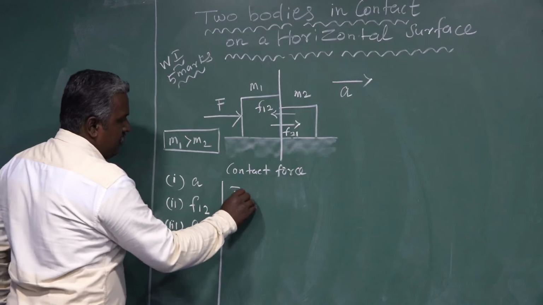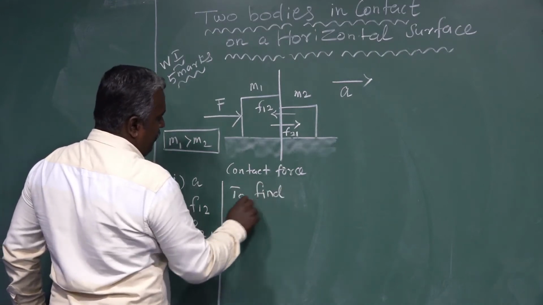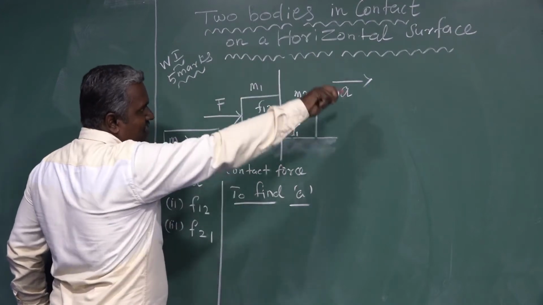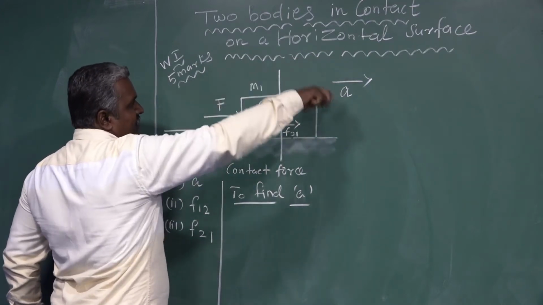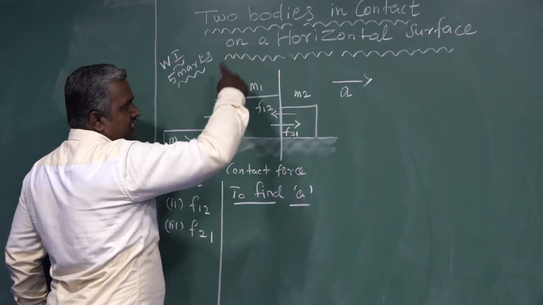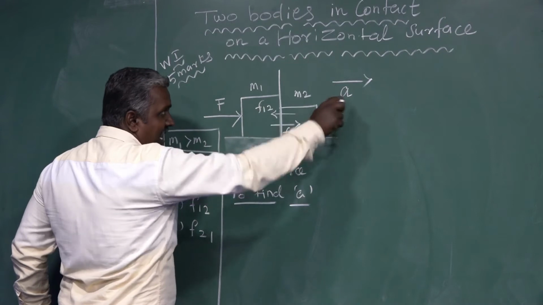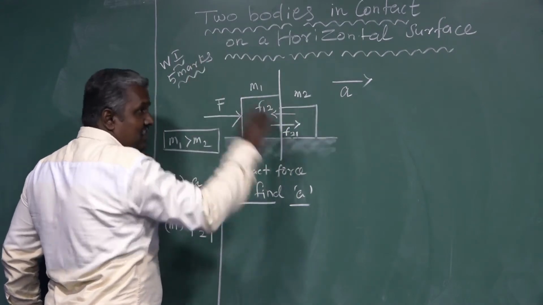First, to find the acceleration of the system. System means the entire two blocks. Here the two blocks accelerate with acceleration a. So here two blocks in contact is called a system.